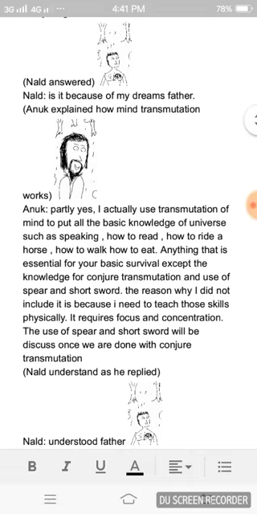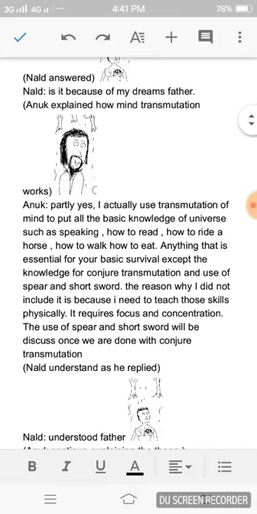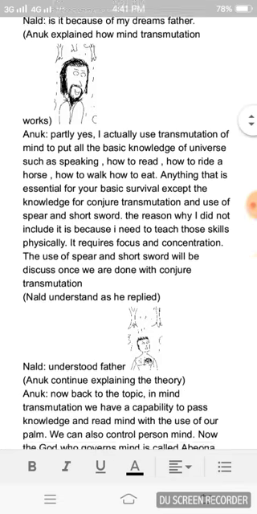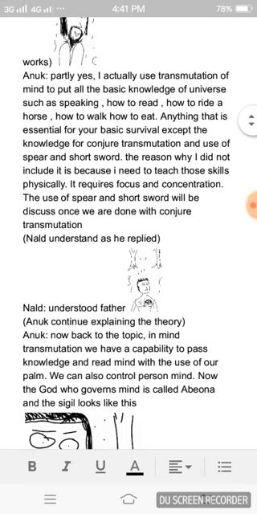The reason why I did not include it is because I need to teach those skills physically. It requires focus and concentration. The use of spear and short sword will be discussed once we are done with conjure transmutation." Nald understood, as he replied, "Understood, father."